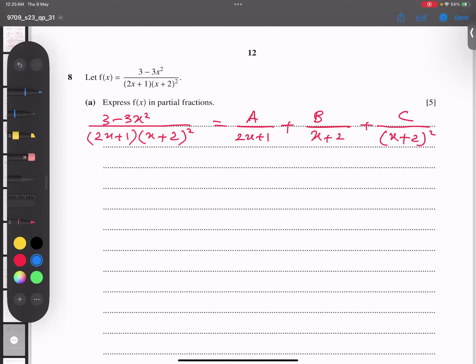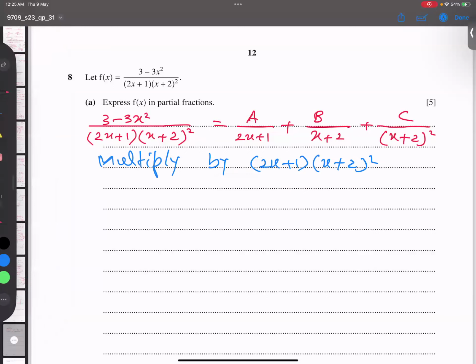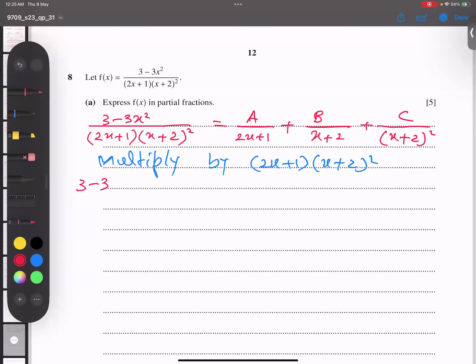So first of all, I will multiply the whole equation by the left-hand side denominator. I mean, whatever I have here, multiply the whole equation. One is multiplied with this fraction. This will completely cancel, students. And I will get what? I will get back 3 minus 3x to power 2. I mean, from here.